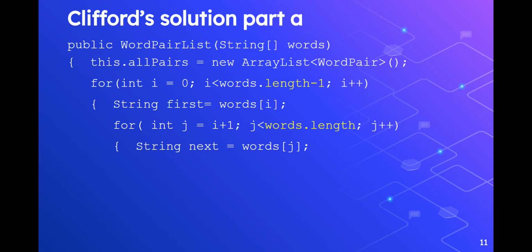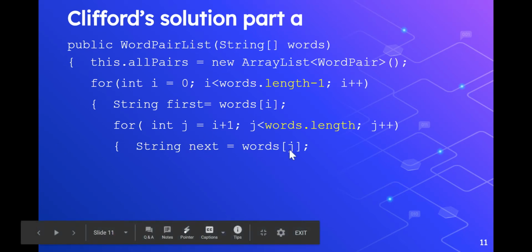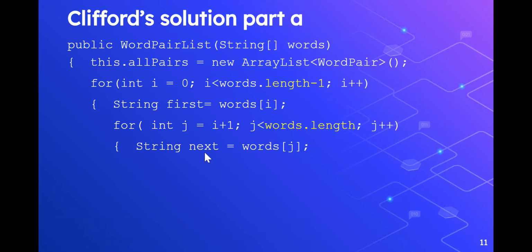Once I do that, I'm going to create the next word and store that in a temp. Every time j increments, I'm going to get the next word through that list. So next is just a temp variable holding the second word that I want to join together. Now I've got to make a new WordPair object. I think a common mistake on this question was that students, once they had first and next, didn't actually make the WordPair object.